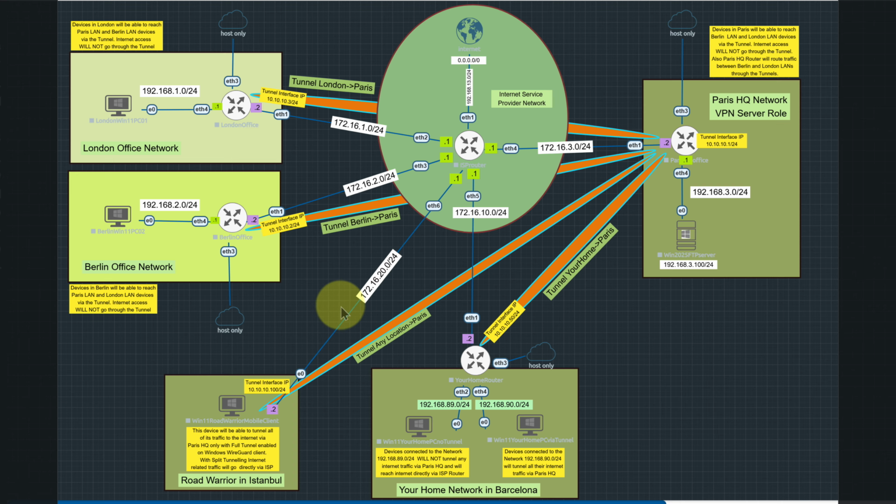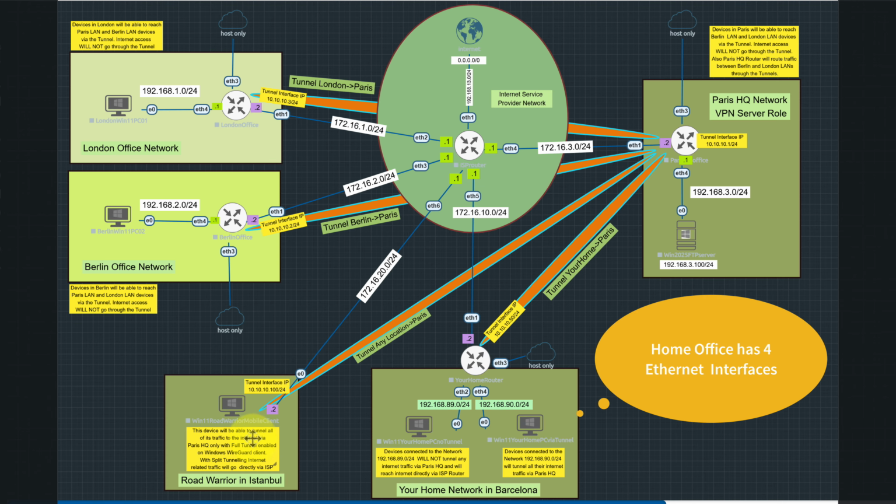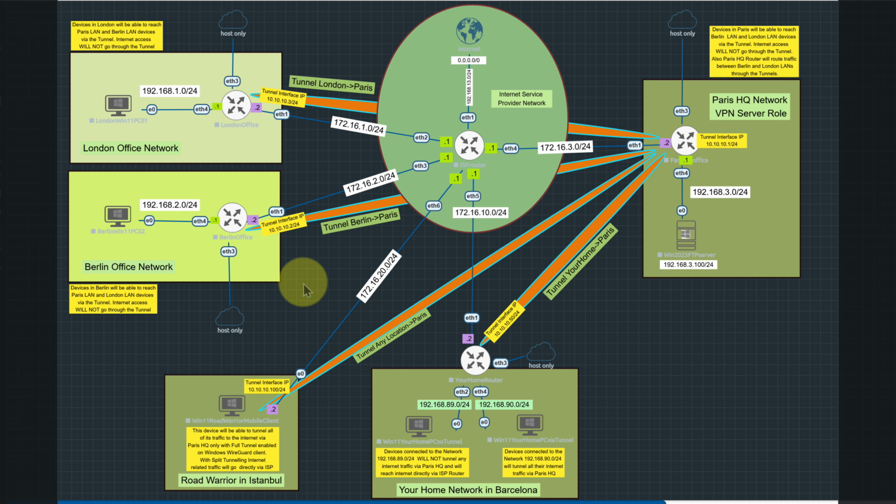Before we continue the scheme, we are going to explore the details of each site. On each site, we have installed one router. Each router has 3 interfaces: London 3, Berlin 3, Paris 3, home office 3, and the road carrier has only one interface. We have used the latest RouterOS version 7.